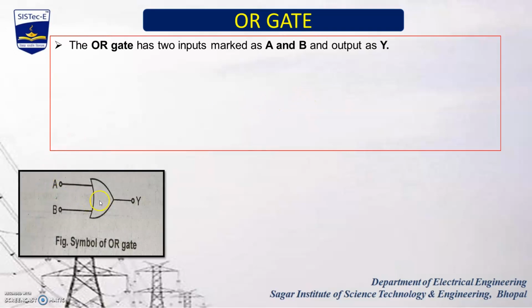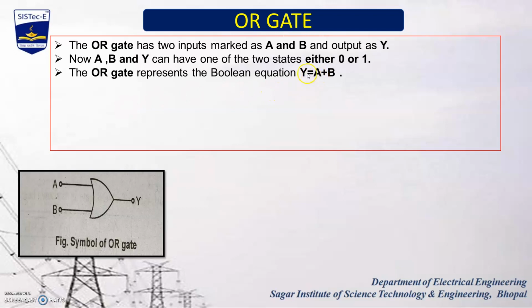This is the symbolic representation of the OR gate, where A and B are both inputs and the output is Y. The output Y is the OR operation of the OR gate, and its value depends upon the OR operation, meaning the output Y will be A plus B, the sum of both inputs. In the case of the AND gate, we saw the output was the product of both inputs, but in the case of the OR gate, the output is the addition of both inputs, A plus B. Here the values of input and output may be either 0 or 1, meaning low or high.